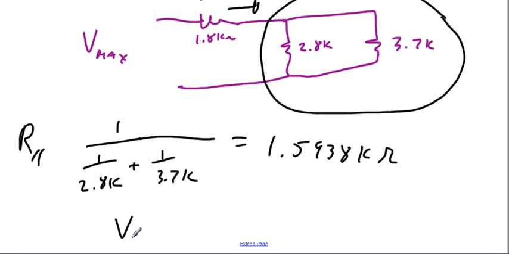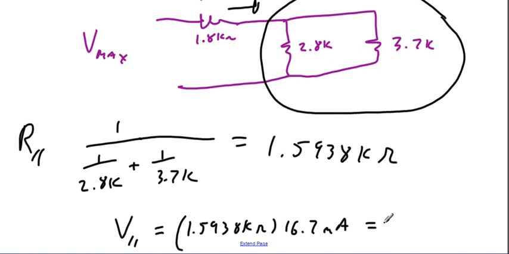I'm going to send my current through that resistance to find the voltage. So the voltage across the parallel path is going to be 1.5938 kilo ohms times the current I have, which is 16.7 milliamps. Okay, times 16.7. So I've got 26.6 volts.